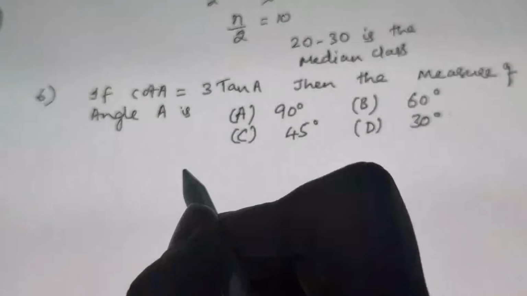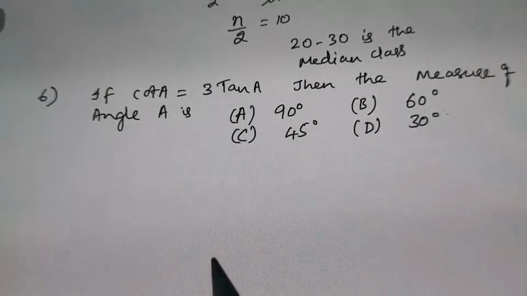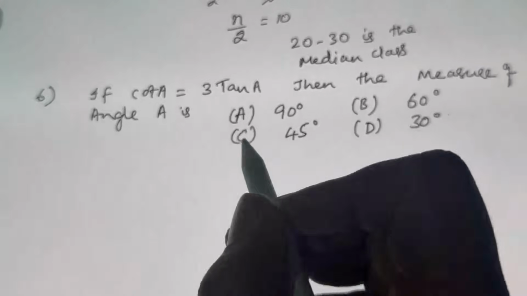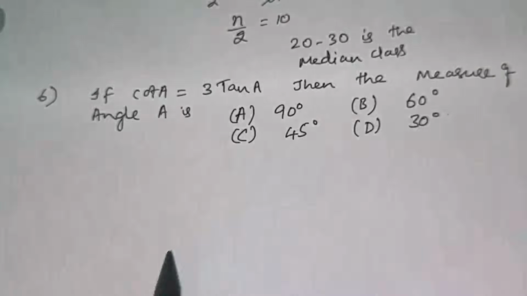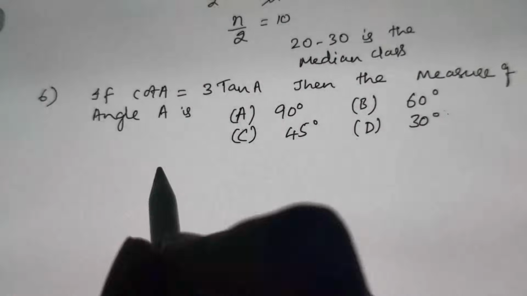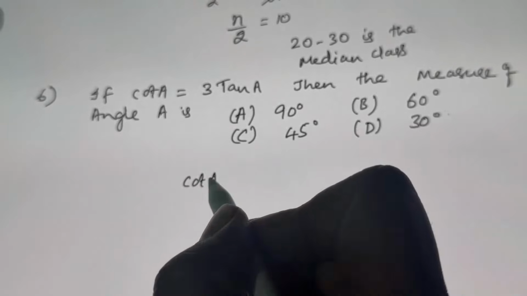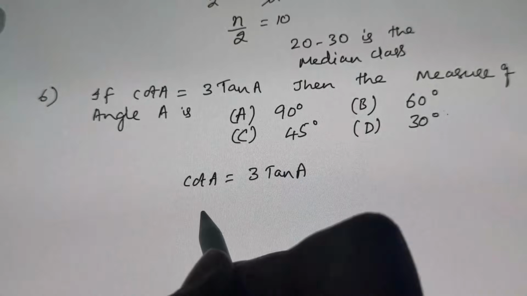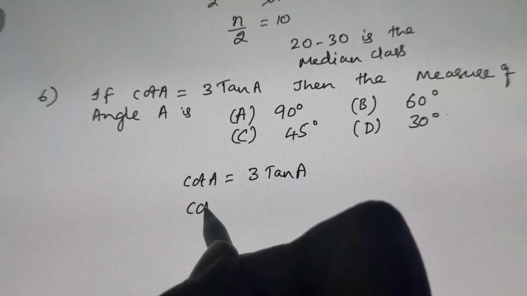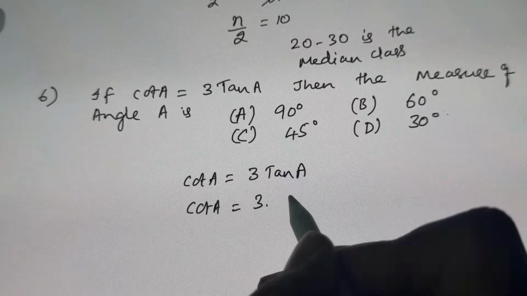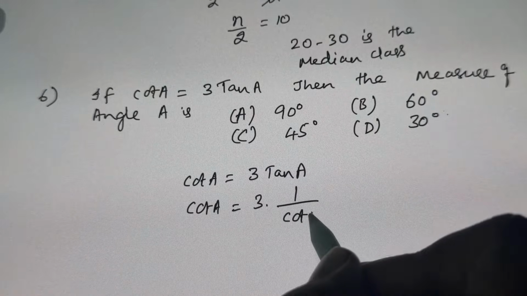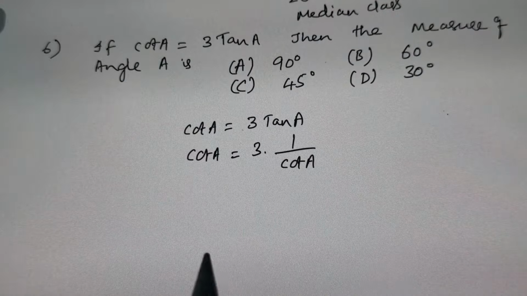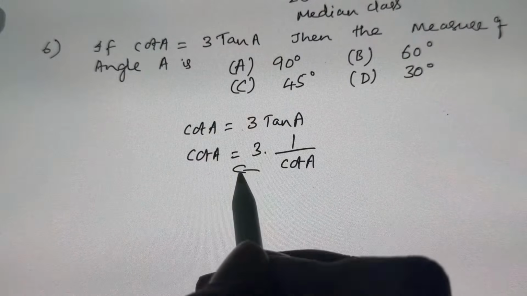So we have to calculate with the given equation. That is cot A is equal to 3 tan A. We know the reciprocal of tan A is cot A. So 3 into 1 by cot A, because the reciprocal of tan A is 1 by cot A. Now you have to cross multiply.